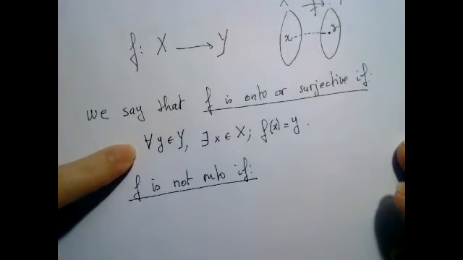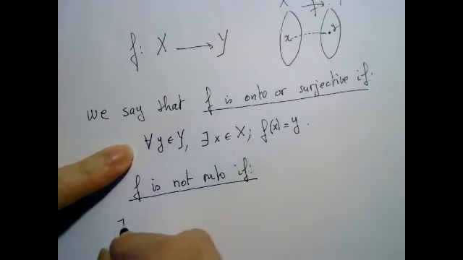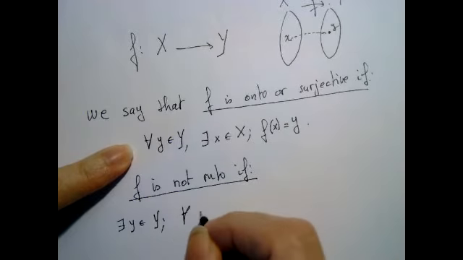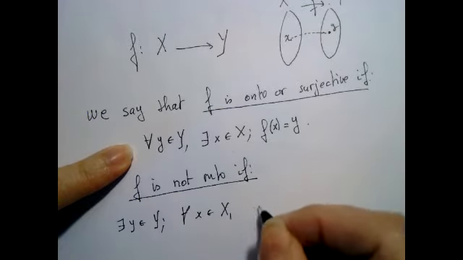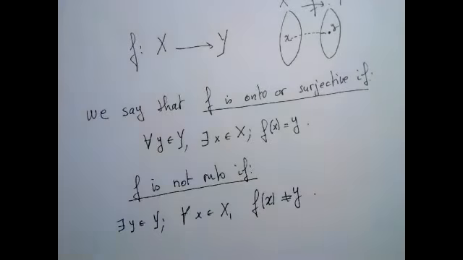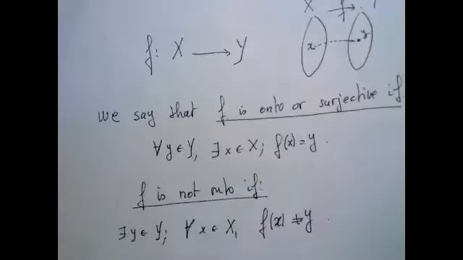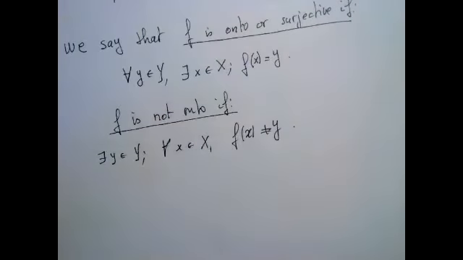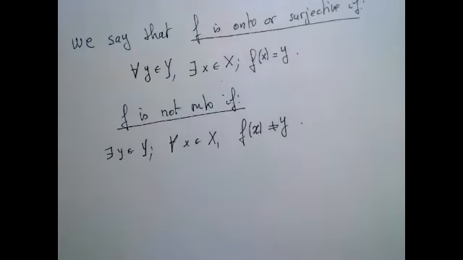So f is not onto if there exists a y in Y such that for all x in X, f of x does not map to y. f of x is not mapped to y. Okay, so this is the definition, and usually when I test the students in class, I ask them those questions without looking at the notes, because it's very important to know the formal definition.